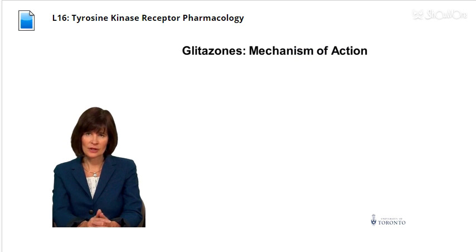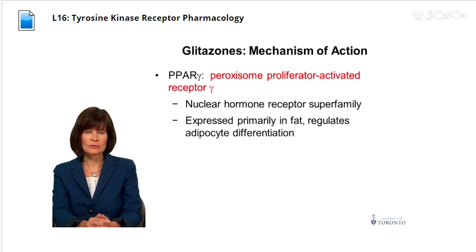The other group of drugs that can be classified as insulin sensitizers are the glitazones. This group of drugs helps to deal with the need to store excess energy from food when there's insufficient need for that energy from exercise. The long-term effects of diabetes are thought to arise in part from the inability to store this excess energy in the form of fat.